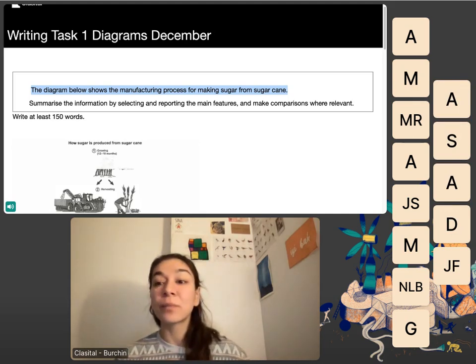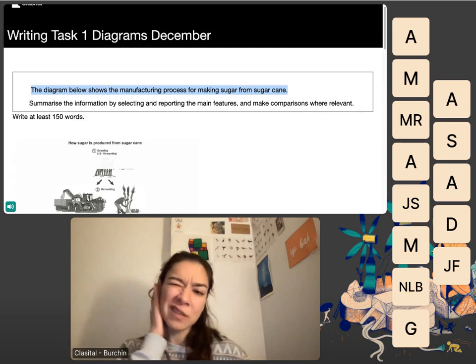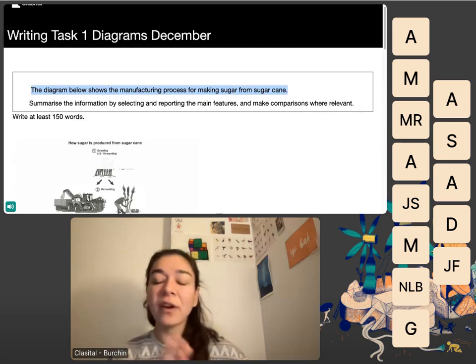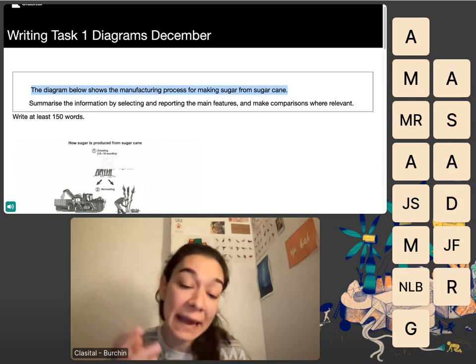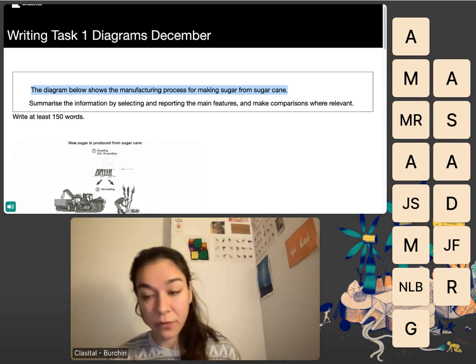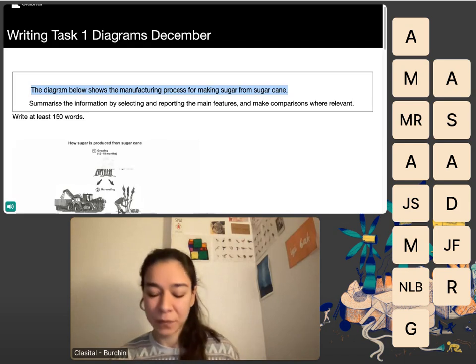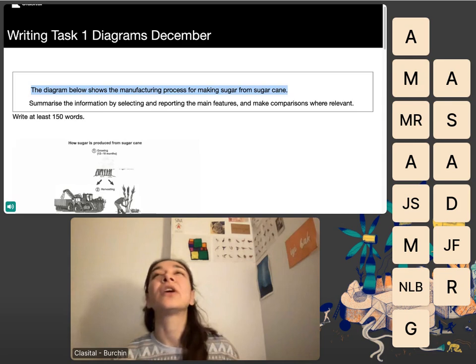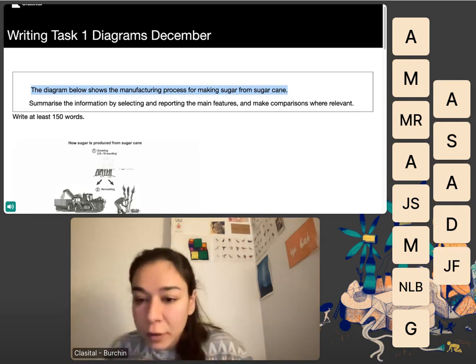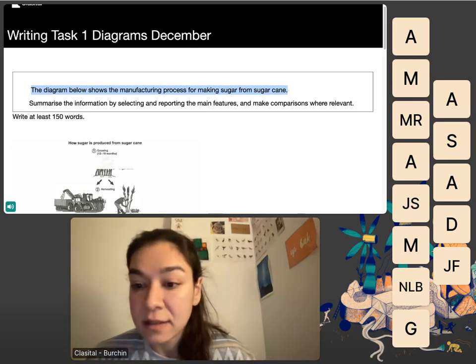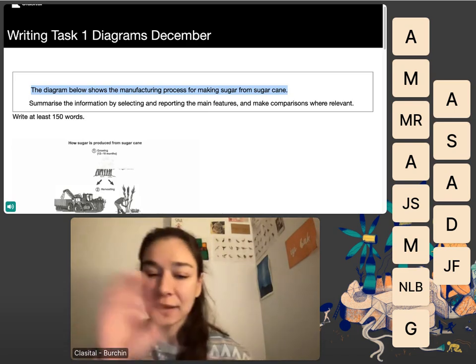In this diagram, the manufacturing process of sugar from sugarcane will be explained. For example, do not use we, I in here because it doesn't ask for your opinion. You're just summarizing it. Think of it like a report. The diagram shows the process, not that.